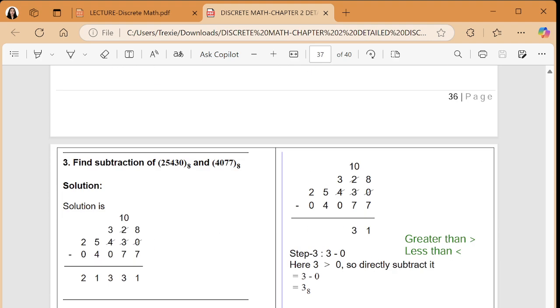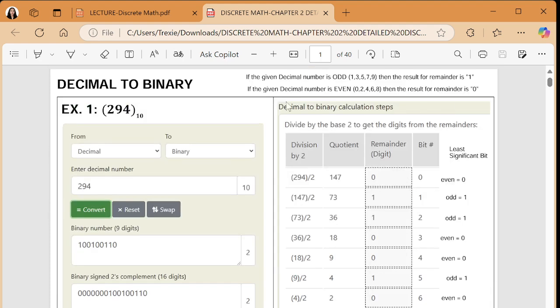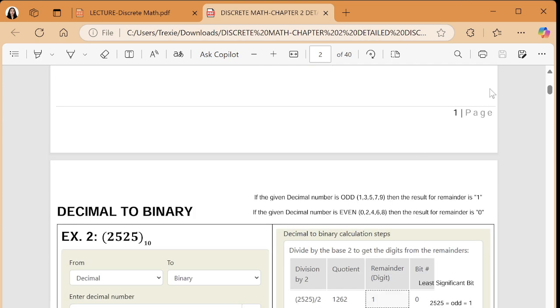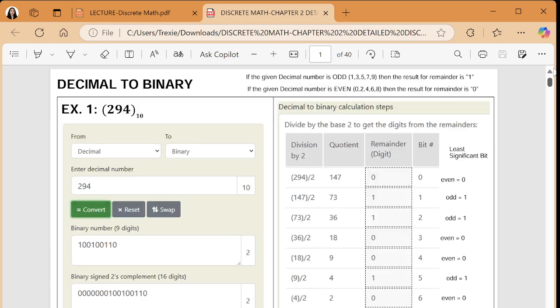I will also attach this 40-page solution for our chapter 2 so that you can review it and you can also take notes in your module.